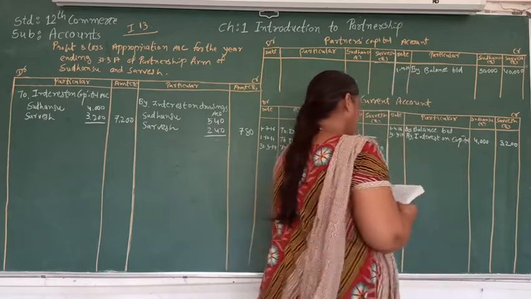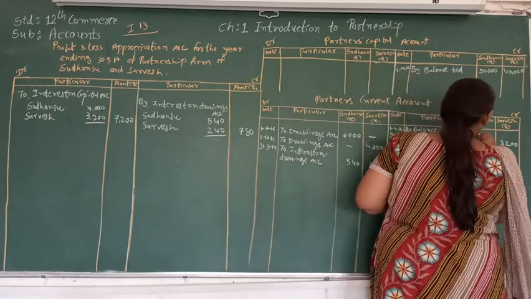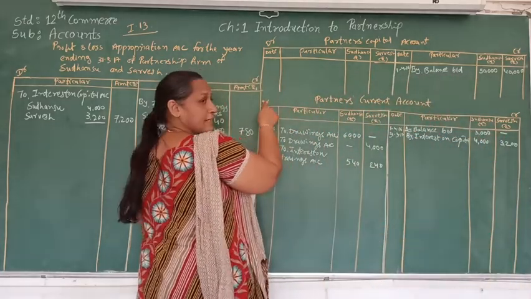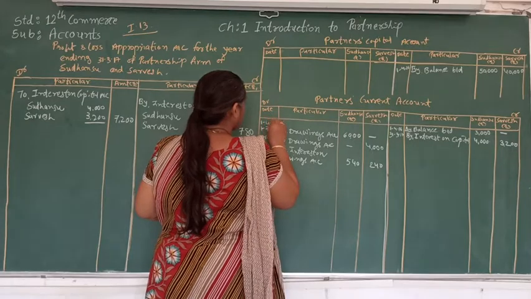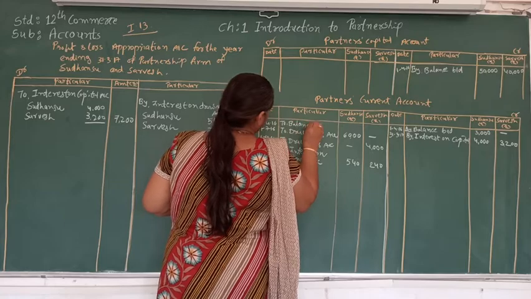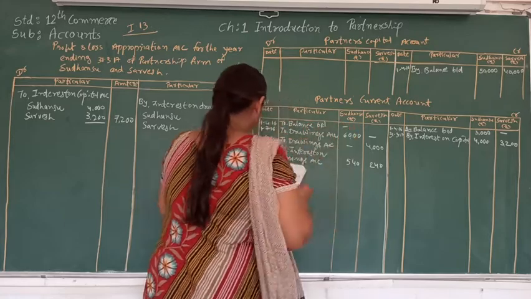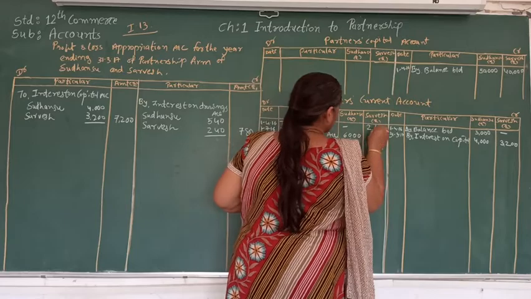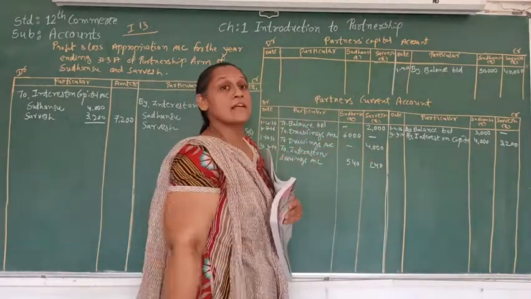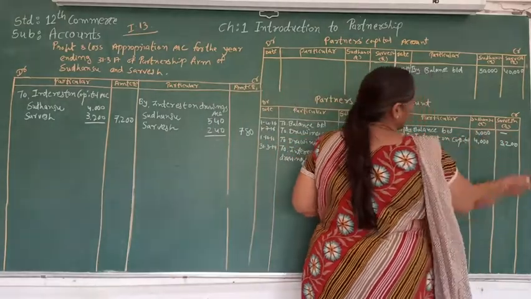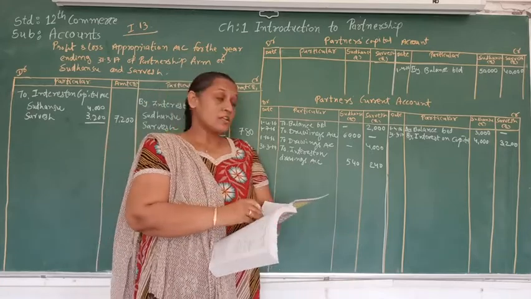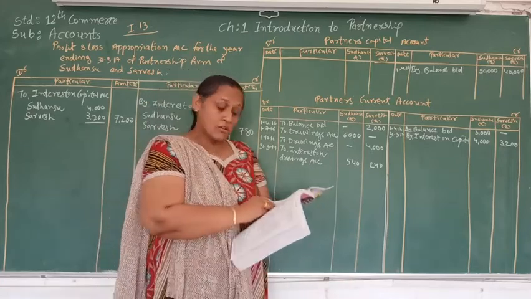For Sudhanshu it will be 3,000 credit balance, and for Sarvesh it is given as debit balance, so we will write on the debit side 1/4/16 to balance brought down, and for Sarvesh it will be 2,000 debit balance. If the word debit is used, then we have to write on the debit side. If the credit balance is given, then we have to write on the credit side. So this is the opening balance of the current account.